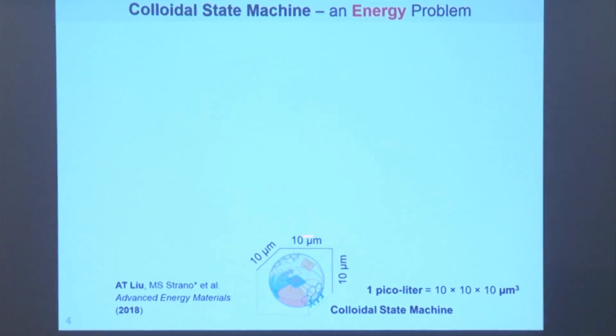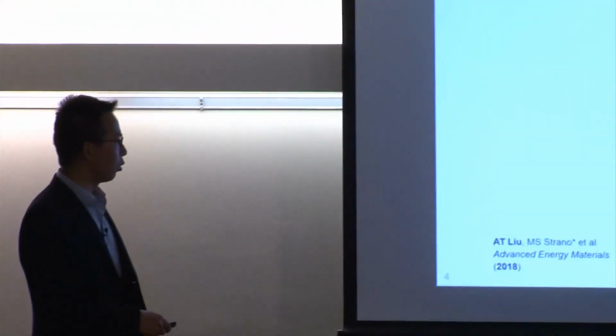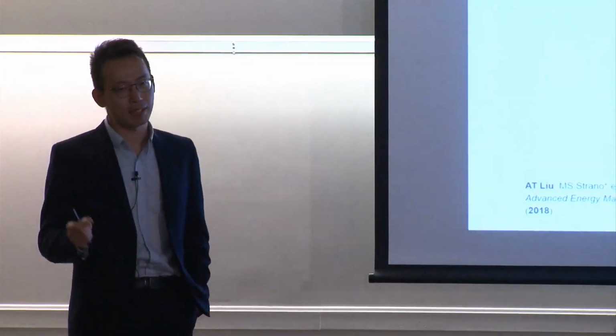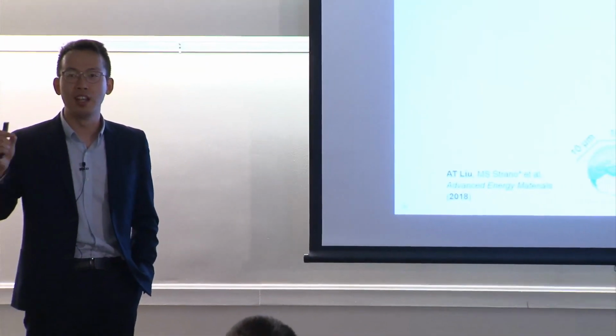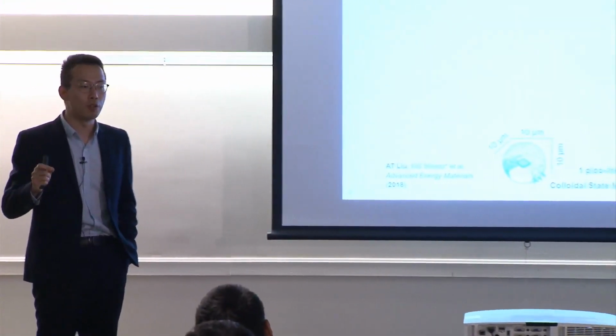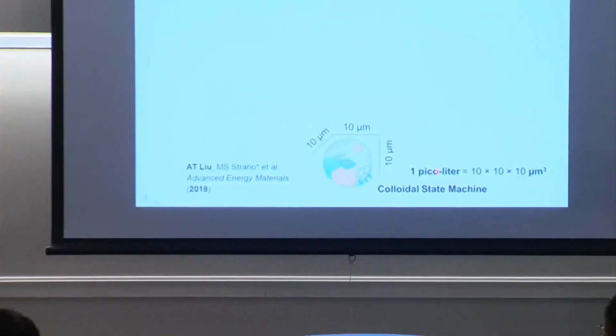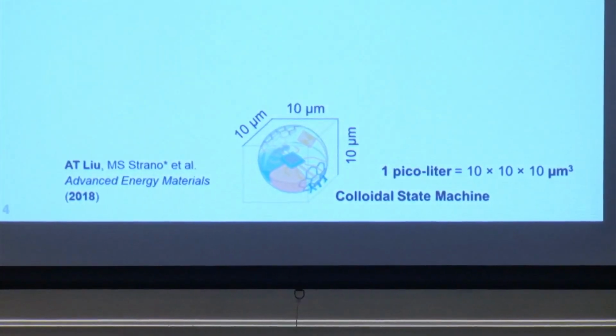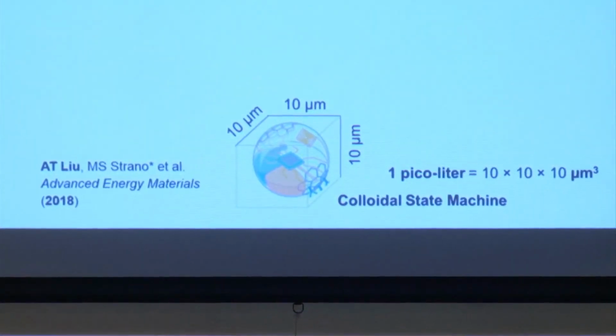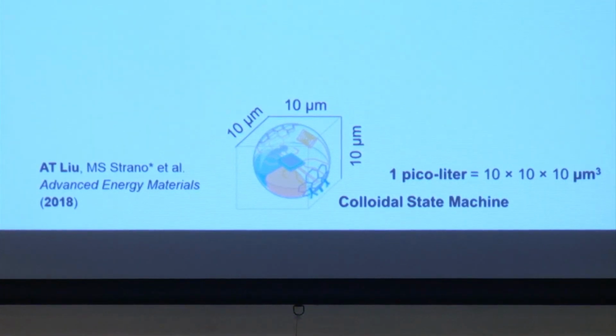Again, our objective here is to power a system that is maximally a 10 by 10 by 10 micron cube, which, if my arithmetic is right, is about 1 picoliter. How do you power a system untethered in solution with 1 picoliter of volume? That's the big question here.